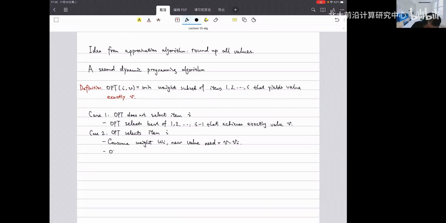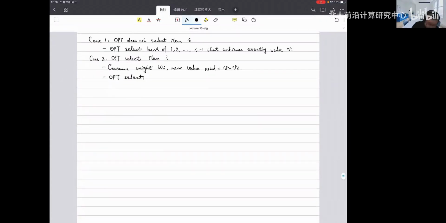And then we know that the OPT is going to select the best subset of items 1, 2, until i minus 1 that achieves exactly the value v minus v_i.